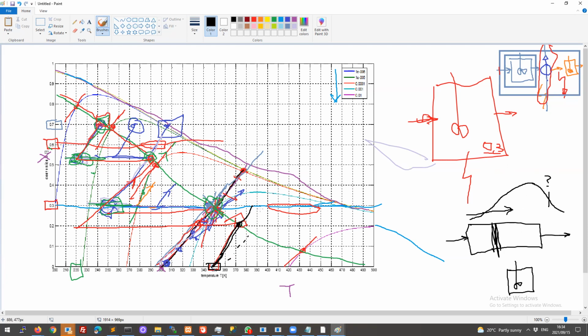But we can say, well, what we want is not a single PFR. We want a train of PFRs that's going to get us to 0.7. So what we need to do is think about the train of PFRs, not a single PFR. We want our train of PFRs to closely follow this maximum rate path, right?